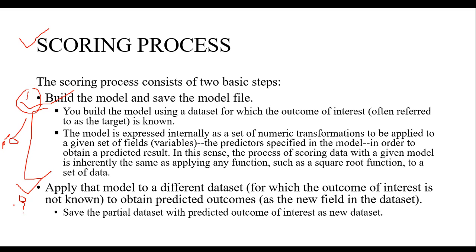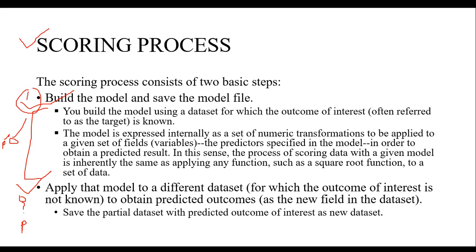Correct? So here you obtain the predictive outcome, which is set as a new field in the data set. Once we apply that model to a different setup, we save the partial data set with the predictive outcome of interest as a new data set.